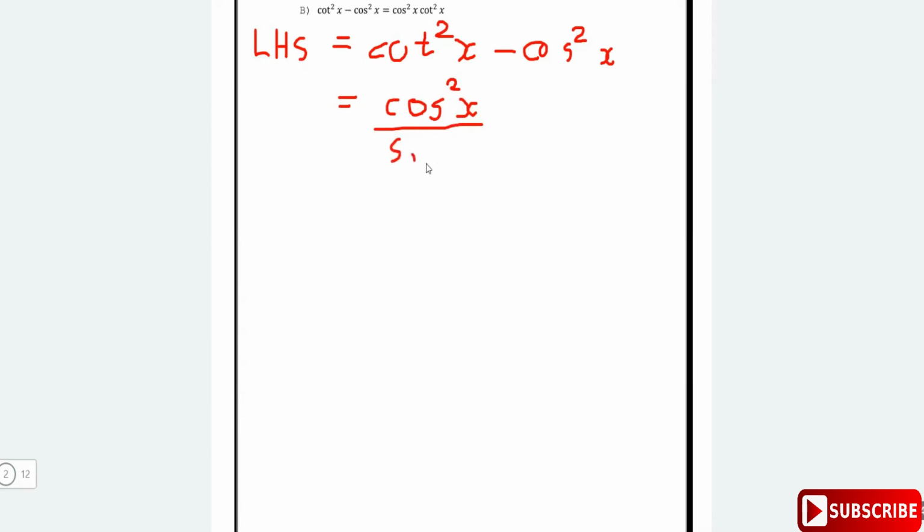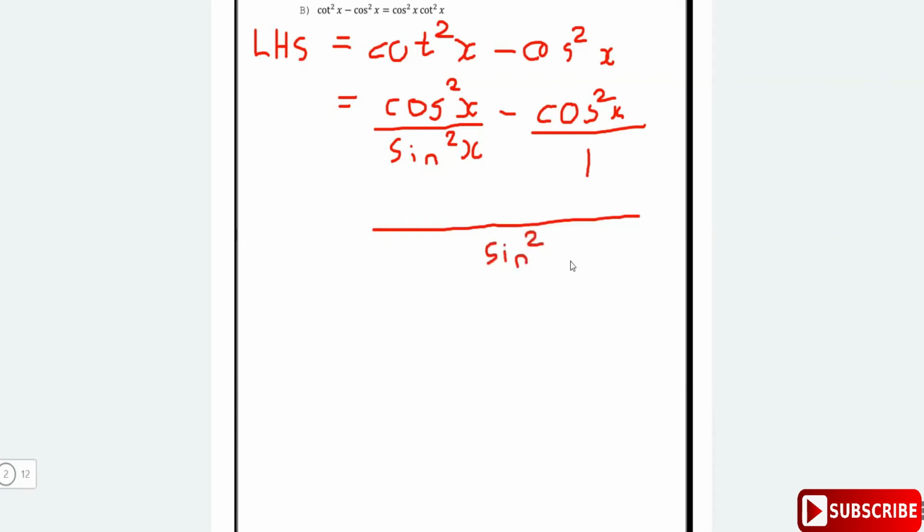So cos square x over sine square x minus cos square x, and this is cos square x over 1. So now we just need to write this as one fraction. So we do our LCM thing like we're in prep school. Our LCM is sine square x.